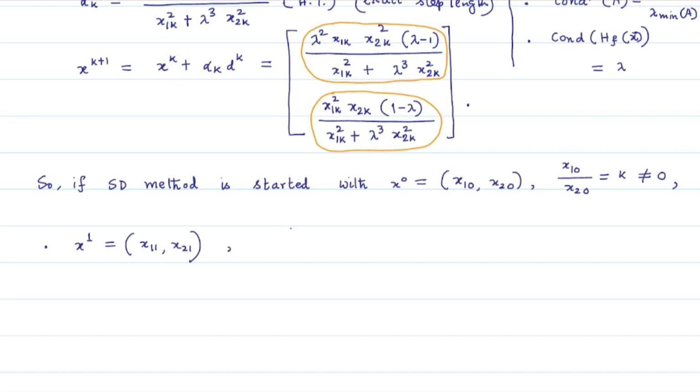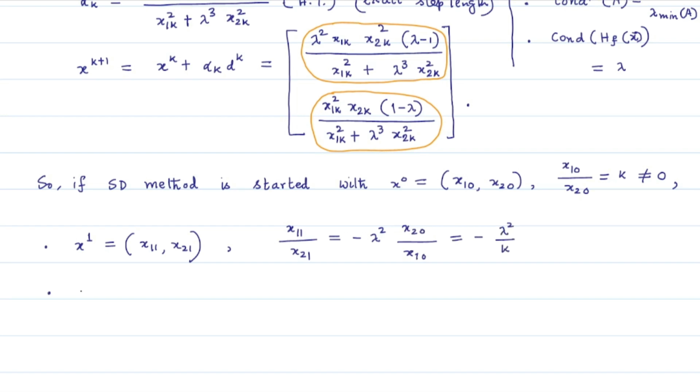So if we take the ratio x11 divided by x21, by these two expressions, it is equal to minus lambda square x20 divided by x10, which is equal to minus lambda square by k.